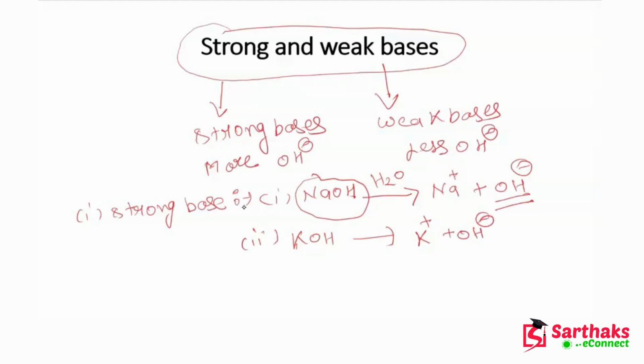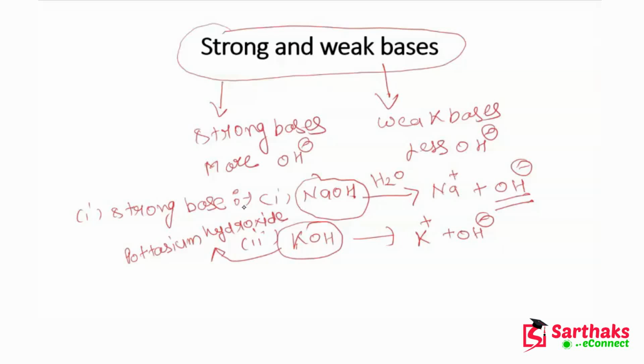So this is also an example of a strong base dissolving in water. This is sodium hydroxide and this is potassium hydroxide. Let me write it here, potassium hydroxide. I hope this is clear to you.